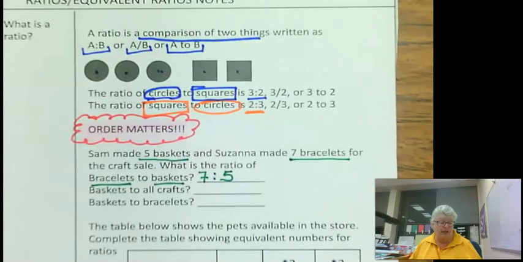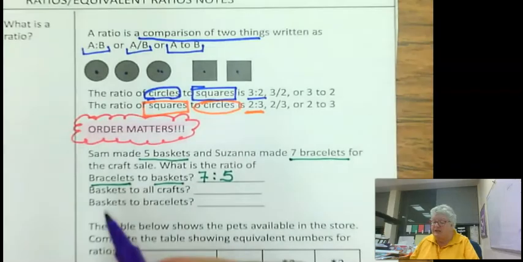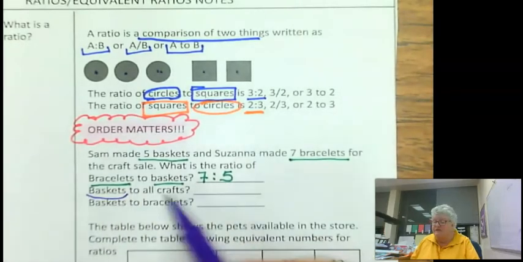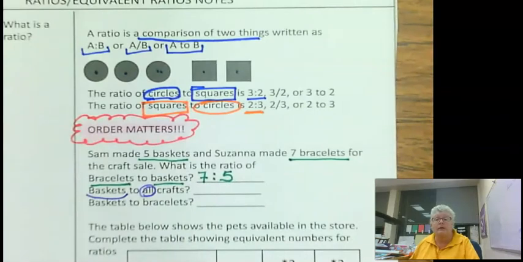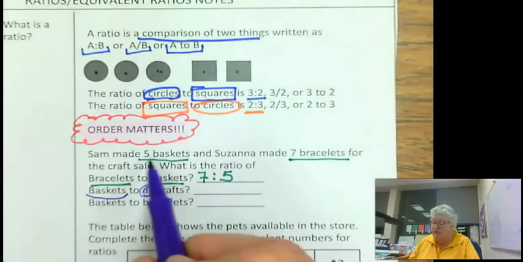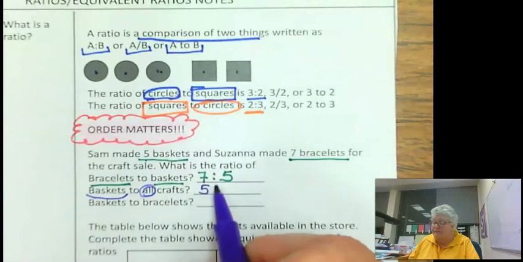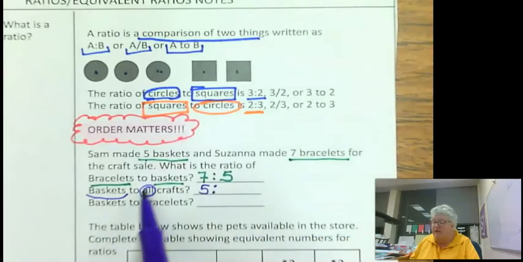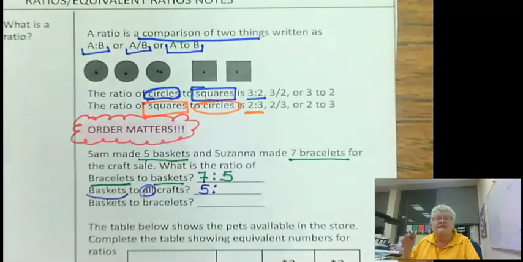All right? Now let's move on and do this one. Baskets to all crafts. So baskets to all. Well, how many baskets do we have? 5. And then how many of everything? That would be baskets and bracelets all together.